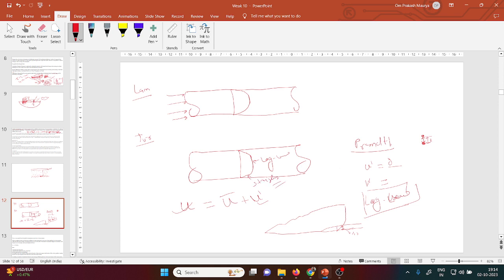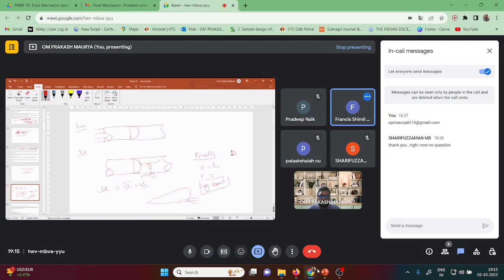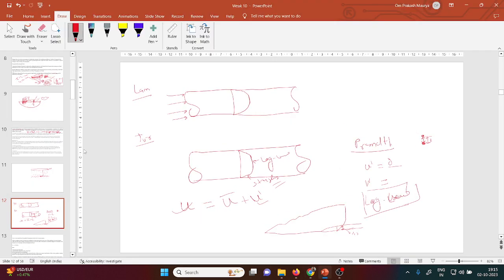So this is the concept of turbulent flow and laminar flow. If you want more discussion on the mixing length and all, no problem, we'll discuss it one day. Okay, sir, understood.